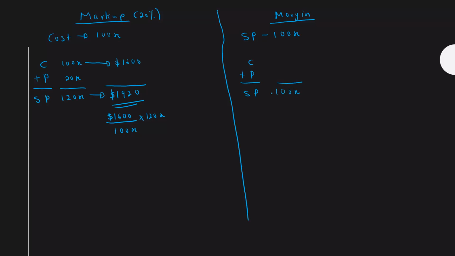So if your selling price is 100, if your margin is 20%, we learned under the margin method, the profit will be calculated based on the selling price. So if the selling price is 100, then profit should be how much? If it is 20%, profit should be 20x. Then do a reverse calculation and find out how much should be your cost. Then cost should be 80x.